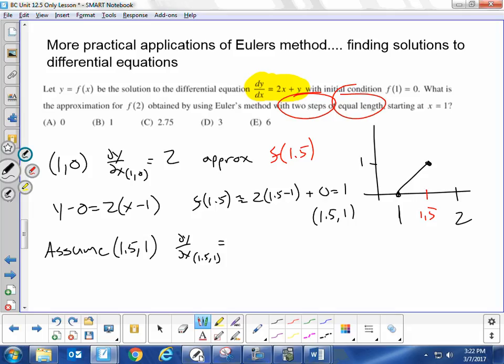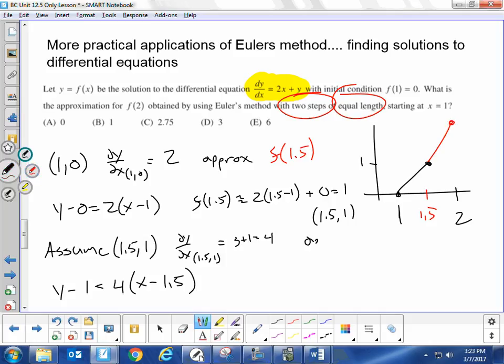2 times 3/2 is 3, plus 1 is 4. That gives me y minus 1 is equal to 4 times (x minus 1.5). This is my second line here. But the slope is steeper, so we're actually going up more, like that. Okay?